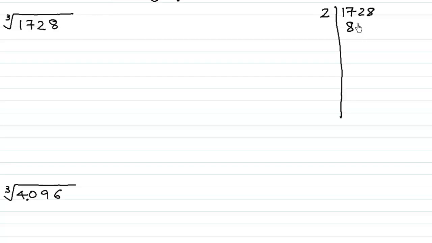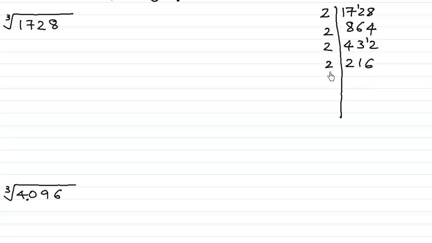So 2 eights are 16, 1 carry, 2 6s are 12, and 2 4s are 8. Again with 2, 2 4s are 8, 2 3s are 6, 2 2s are 4. Again with 2. If it goes into ones, it will go 2 more times. So 2 2s are 4, 2 1s are 2, 2 6s are 12.